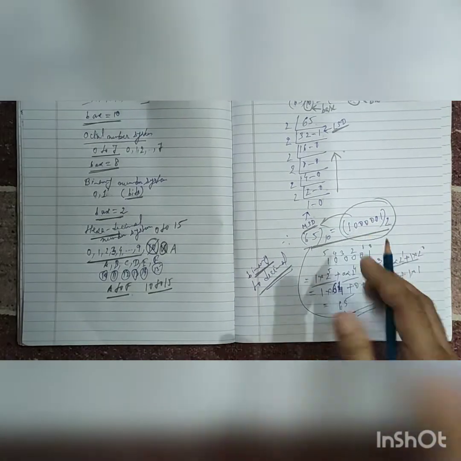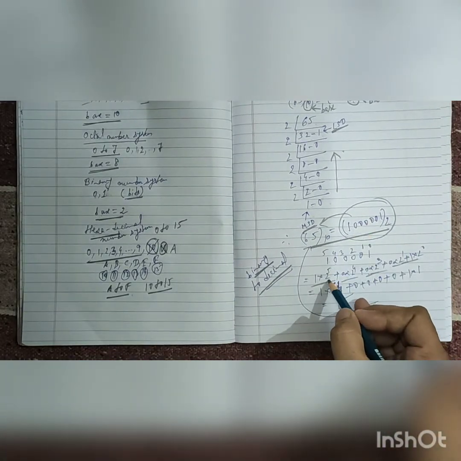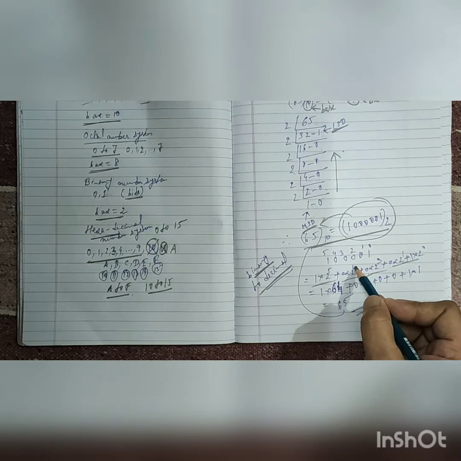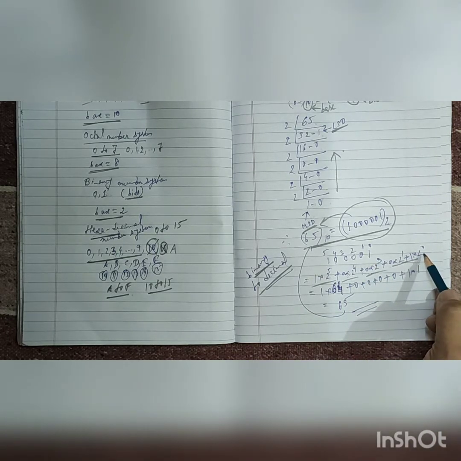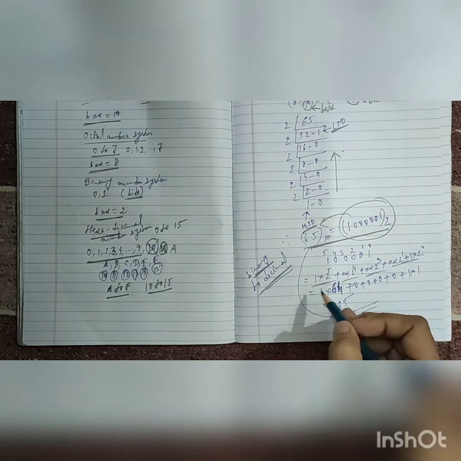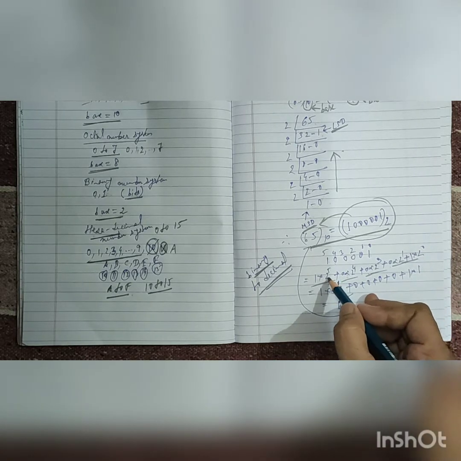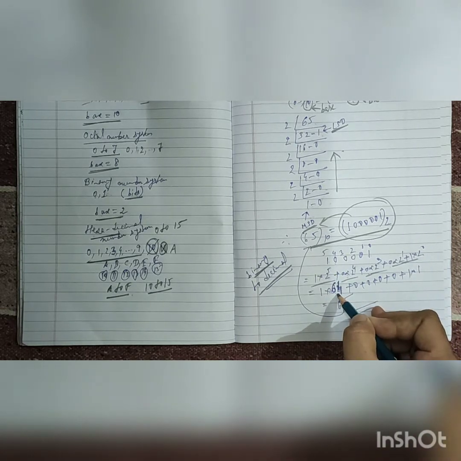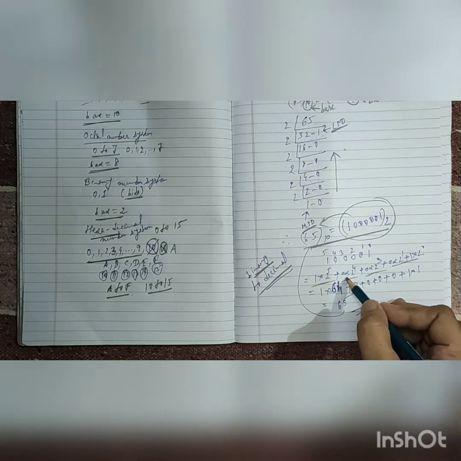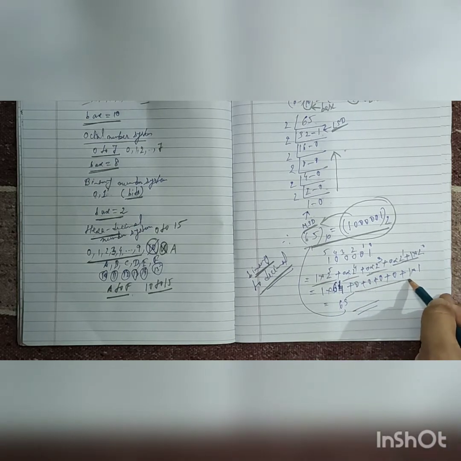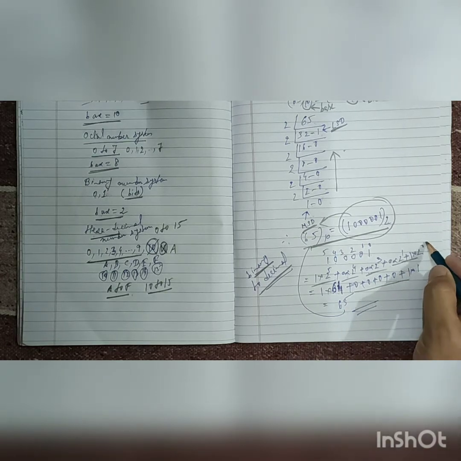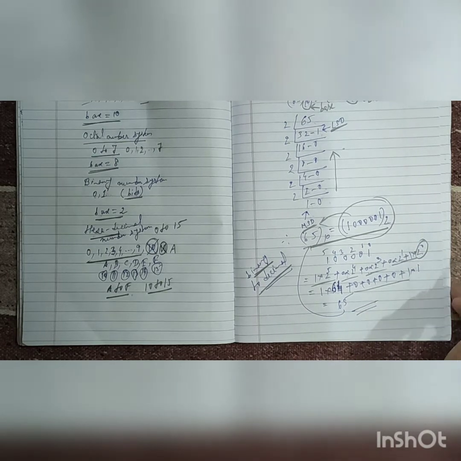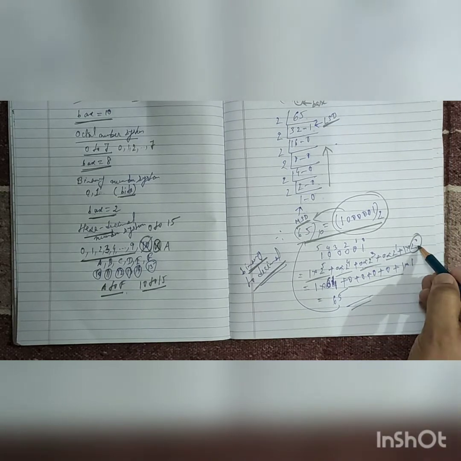Now what will we do? 1 into 2 to the power 6 plus 0 into 2 to the power 5, plus 0 into 2 to the power 4, and so on, continuing to 1 into 2 to the power 0. So 2 to the power 6 becomes 64, and anything multiplied by 0 is equal to 0. Anything to the power 0 is equal to 1, as I already said in the previous class, and you have learned it in mathematics also.